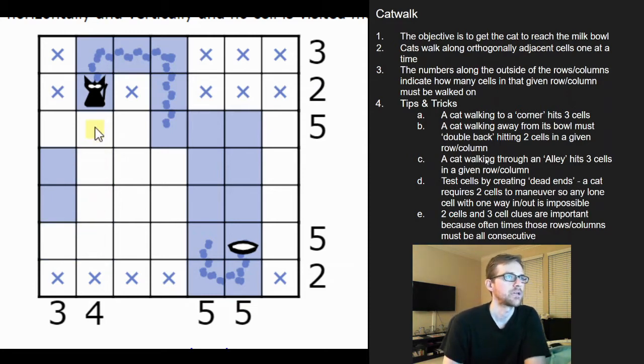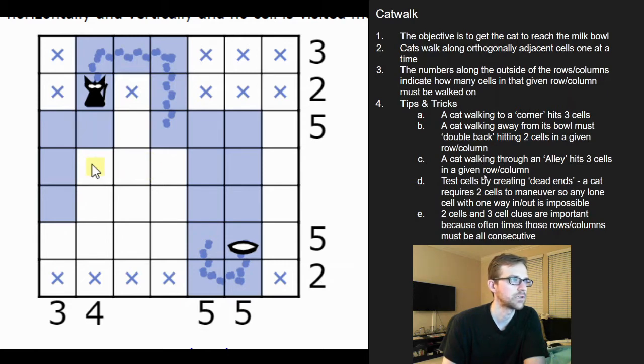If we think about it this way, that solves the 5 as well, right? And the cat would have to walk this way and then maybe over. Yeah, no, that's not going to work, because if you walk this way, I can't walk up, that'd be a 6th one, and then over.